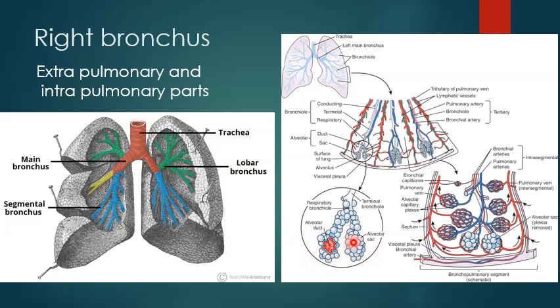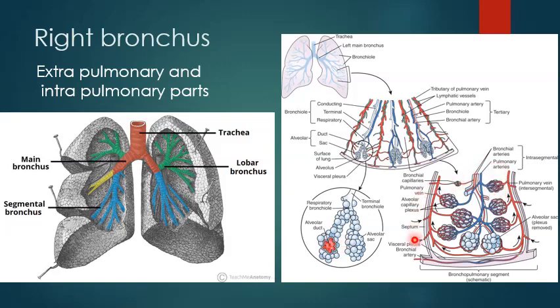So the tertiary bronchi will divide around 6 to 18 times to give rise to 50 to 70 respiratory bronchioles, and each respiratory bronchiole merges with the alveolar sacs and then terminates into the alveoli, which is nothing but the lung parenchyma, right?